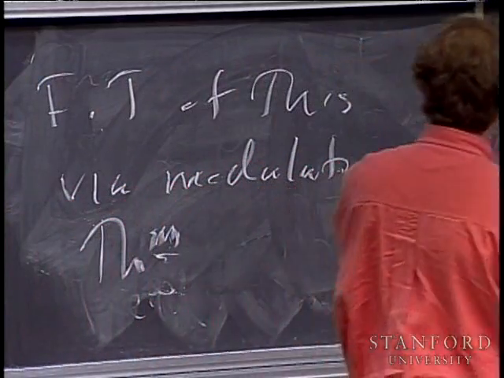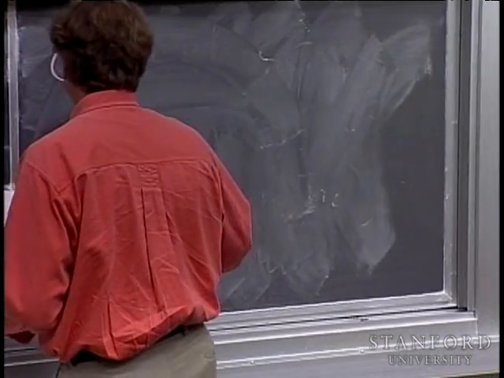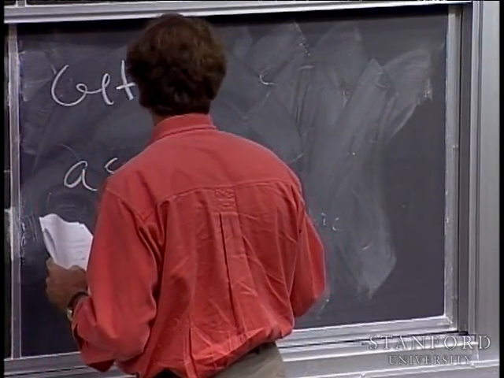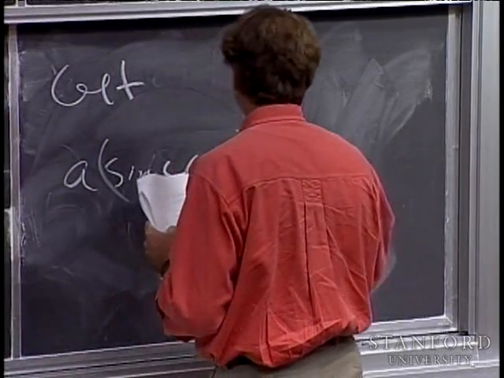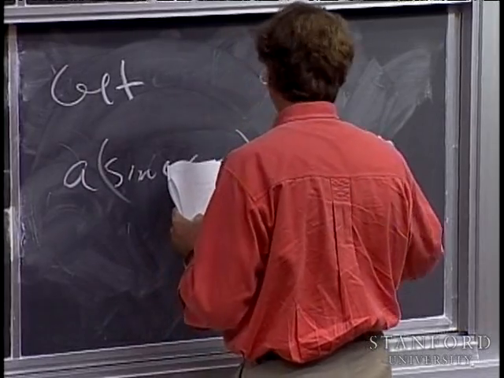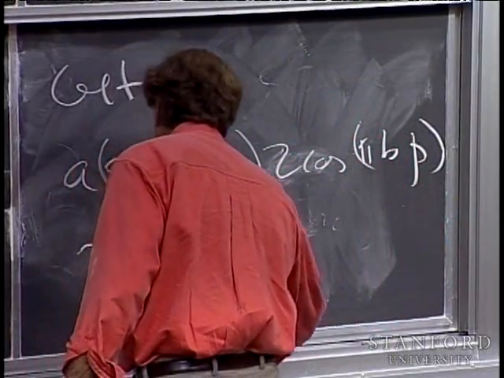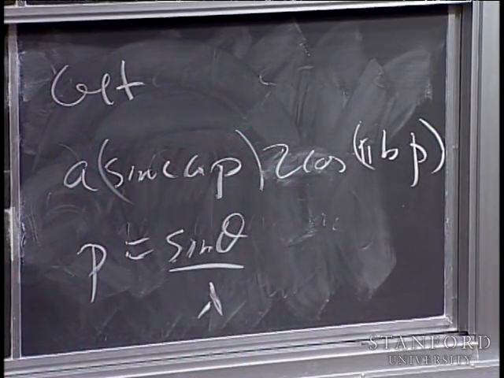I'll just write down the result because we've got to go. So you get a sinc(a p) times cosine(pi b p). So again here, p is equal to sine theta over lambda, where theta is the angle that you are diffracting through. Okay?